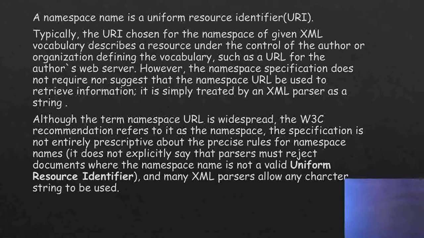However, the namespace specification does not require nor suggest that the namespace URL be used to retrieve information. It is simply treated by the XML parser as a string. Identifiers outside the namespace can access the members by using the fully qualified name for the identifier.